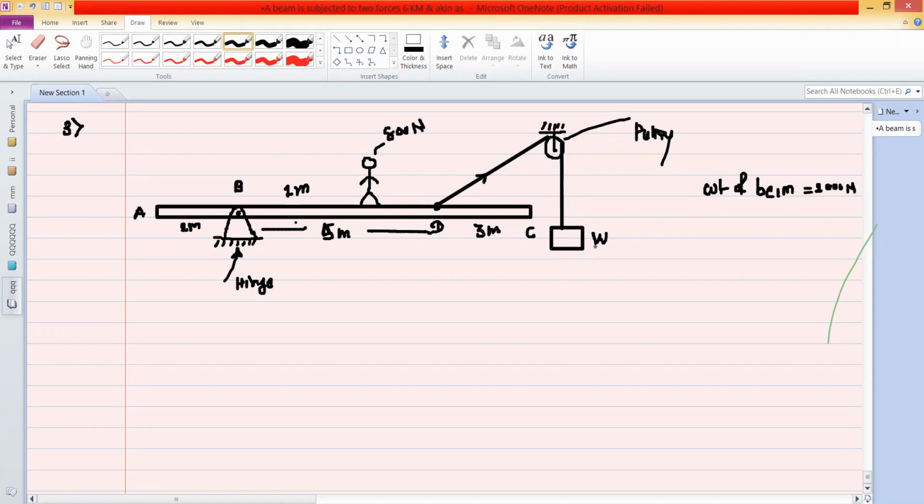To this cable, one weight is connected, which is W. So the question is, we have to find the value of W so that the beam will be in the horizontal position.